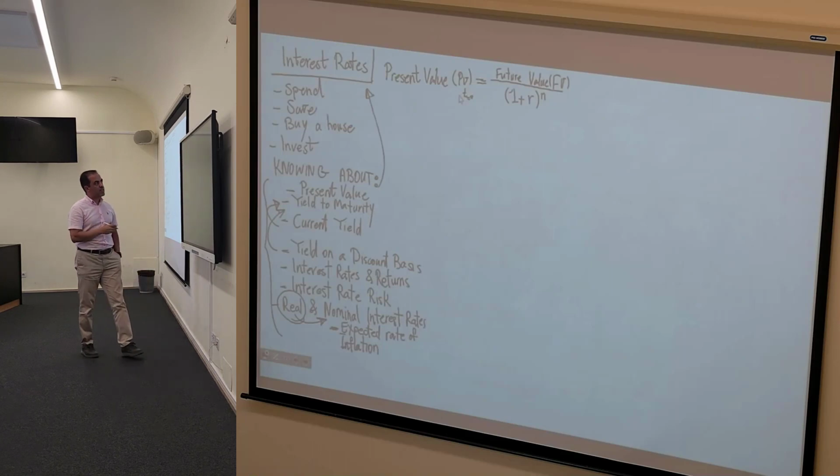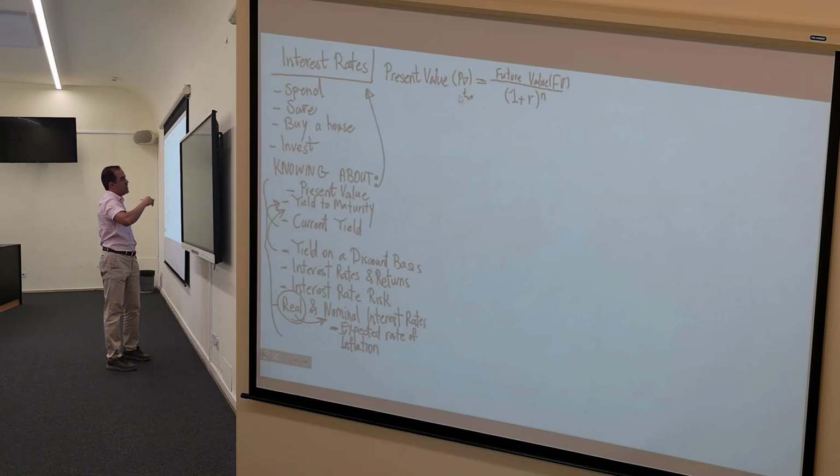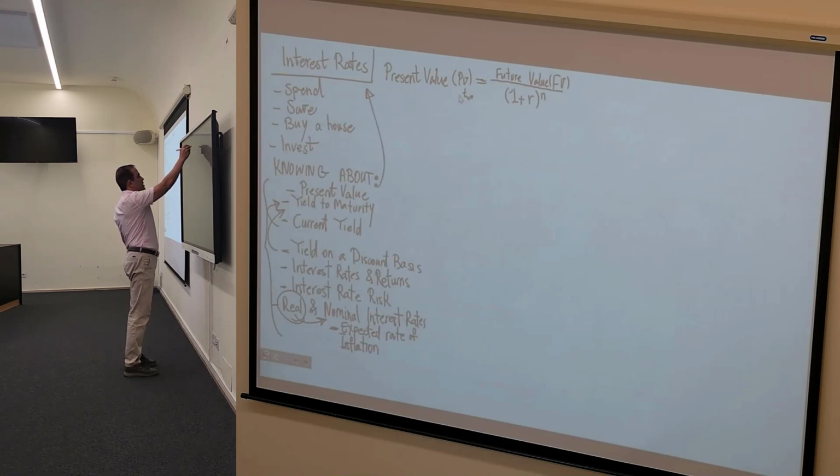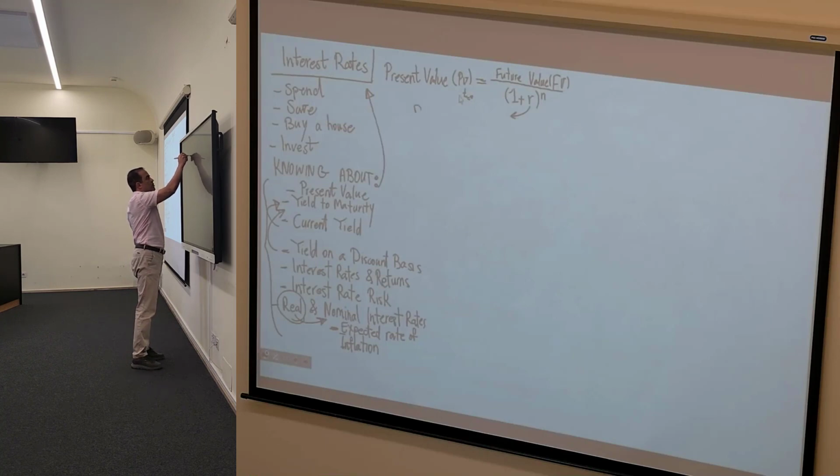So we have the present value, the PV, that is the future value over 1 plus the discount rate, for the rate of return.